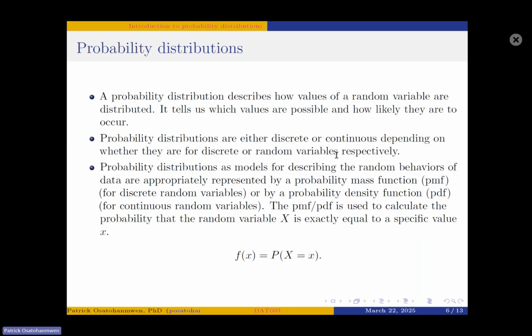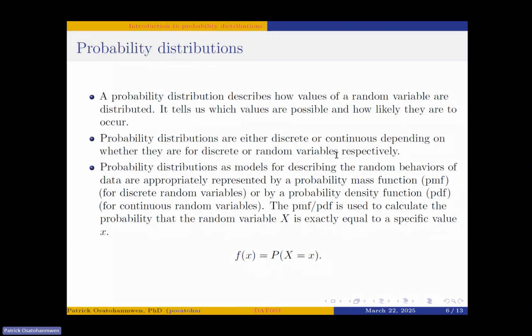All right. So, probability distributions. What then are probability distributions? A probability distribution describes how values of a random variable are distributed. In the coin flipping experiment I described, if I flip a single coin, the value of the random variable is just going to be 0 or 1: 0 if it returns a tail, and 1 if it returns a head.